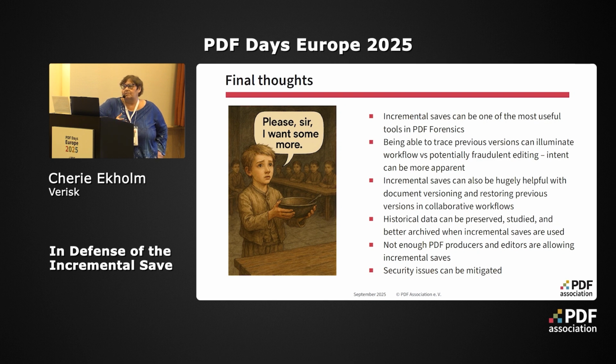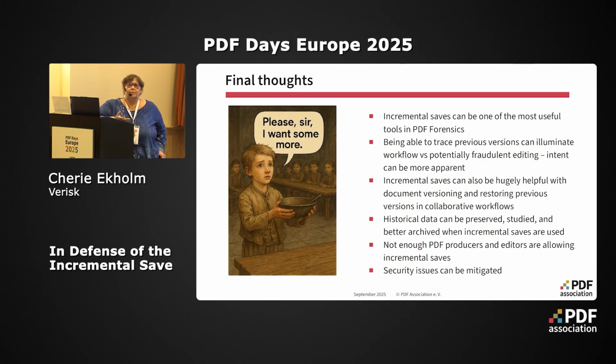I love incremental saves because they can also be great for looking at versioning and restoring other versions in a collaborative workflow. PDF's not the best thing for that, but it can be done. I love that you can preserve historical data. I keep thinking of the instance where you have a famous writer like Emily Dickinson.